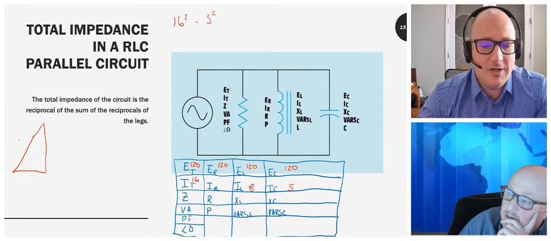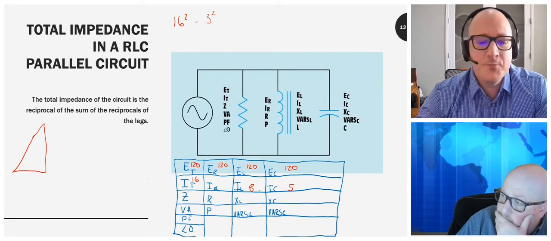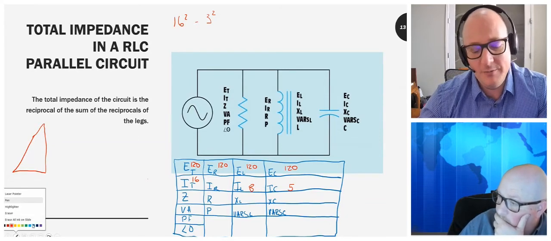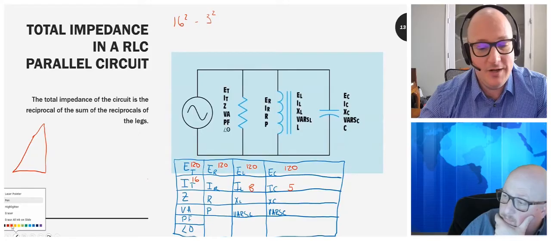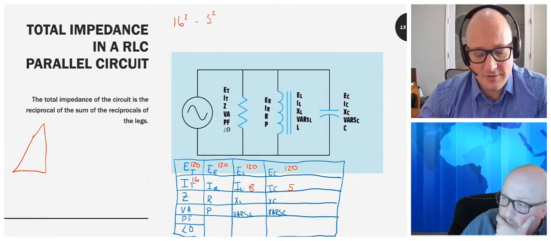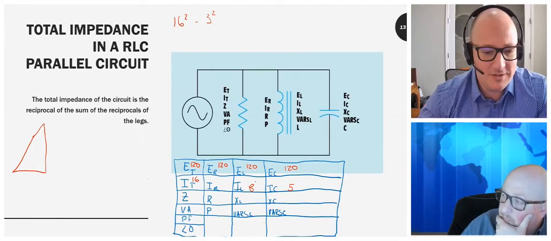To solve a row, we have to do right triangle math. But before we do the right triangle math, we got to vectorially add the current drops through the inductor and the capacitor. They're 180 degrees apart.